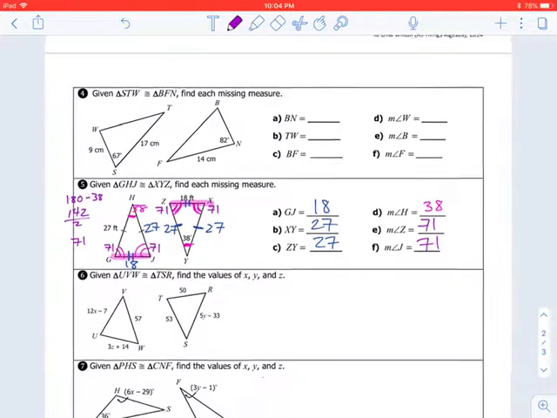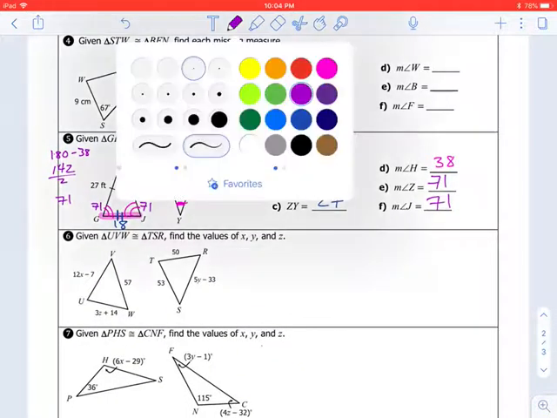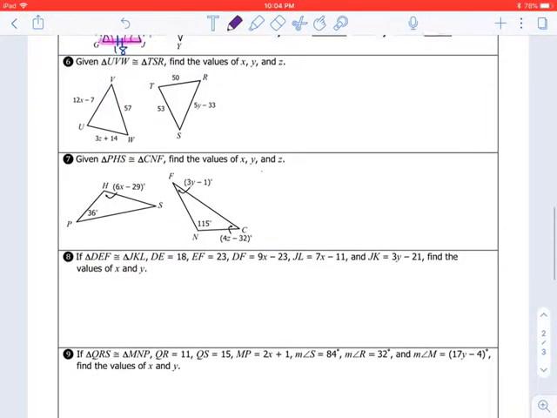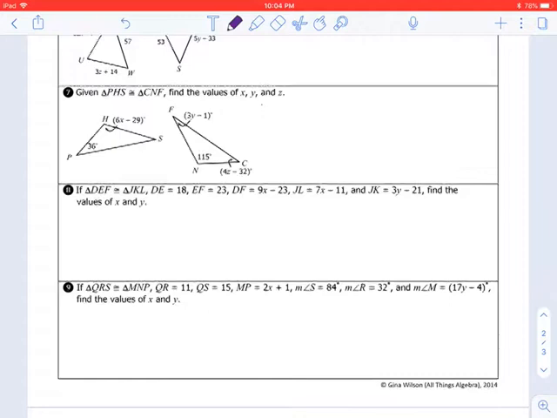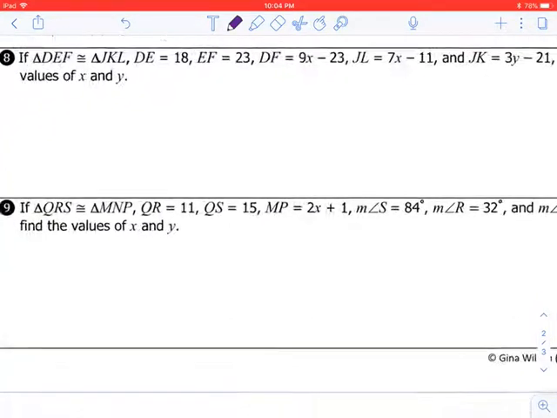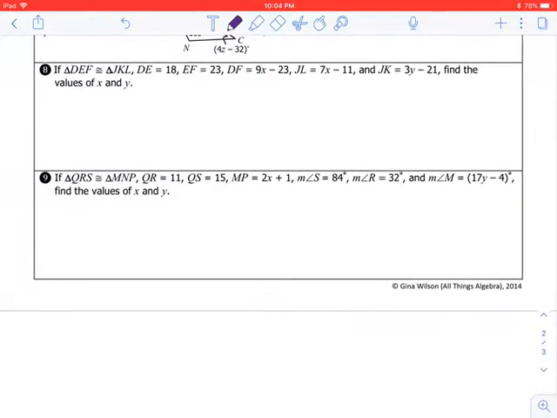There we are. Okay. So let's look at one more example, and then I'll give you an example to try on your own. Number 7 would be better, but that's got the picture. We got to try one without a picture.